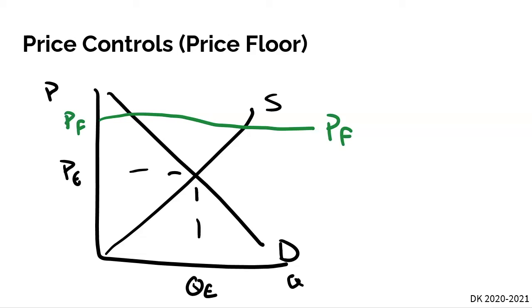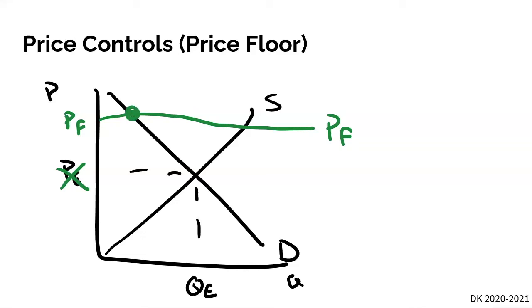Because remember, a price floor is designed so that prices don't fall to equilibrium. The government wants to keep prices artificially high here. And so just like the price ceiling, this equilibrium price doesn't exist because this price floor, when implemented, prevents price from dropping to that equilibrium price. And so now prices are higher than the equilibrium.